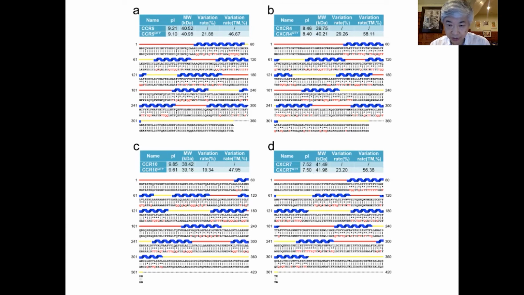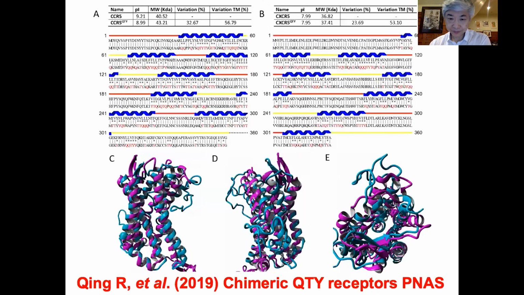Also look at the molecular weight change: 41.49 and 41.96, about 500 Daltons. But the transmembrane domain change is 56%, and the overall change is 23%. So there are 4 examples of such change. That was initially carried out up to 2018. We have now done more than a dozen proteins of a similar nature.